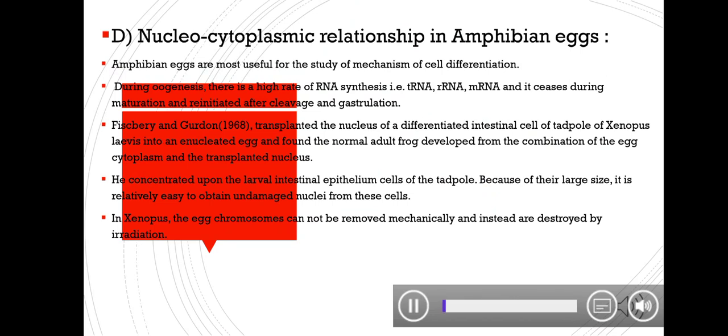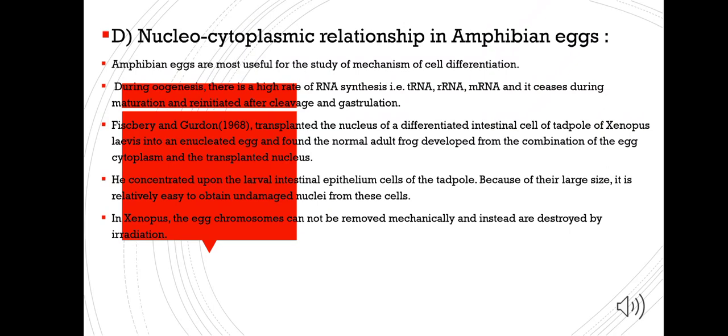Nucleo-cytoplasmic relation in amphibian eggs. Amphibian eggs are most useful to study the mechanism of cell differentiation. During oogenesis, there is a high rate of RNA synthesis, for example tRNA, rRNA, mRNA, and it is stored during maturation, to be used after cleavage and gastrulation.